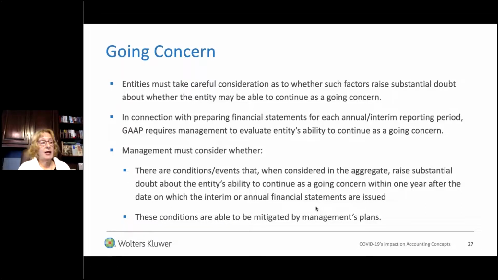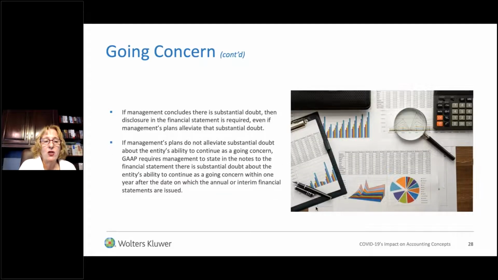Management may come up and say, yeah, conditions existed, but we have a plan to mitigate that. All right, your auditors are going to sit there and go, okay, yeah, we agree with you, those conditions existed, but we're not quite sure management's plans are appropriate and are going to truly mitigate those issues. So if management concludes there's substantial doubt, then you have disclosure in the financial statements that's required, even if management plans to alleviate that substantial doubt.